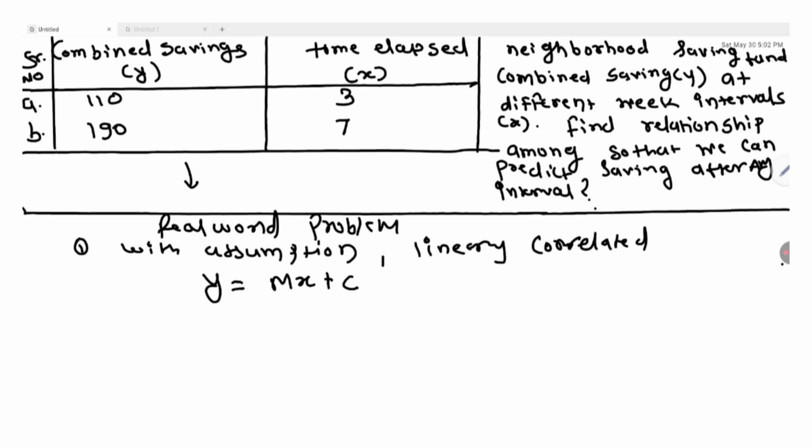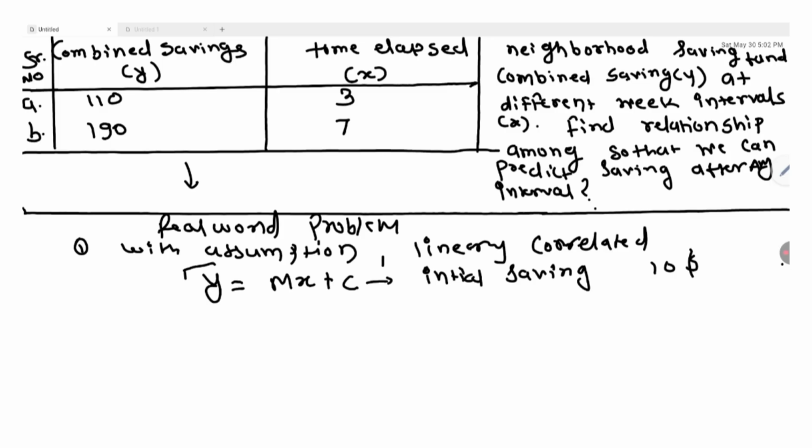Now x is the time elapsed in weeks, y is the combined savings, and c represents the initial saving. So when I started this fund, I have, for example, $10 in my pocket. That is the c.